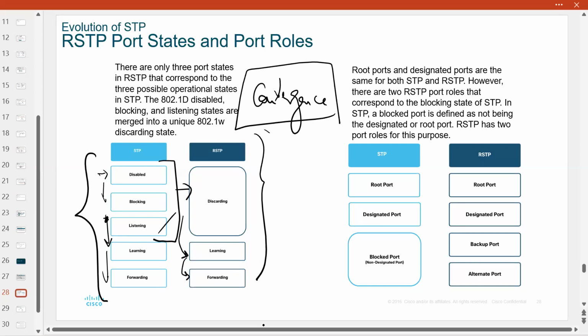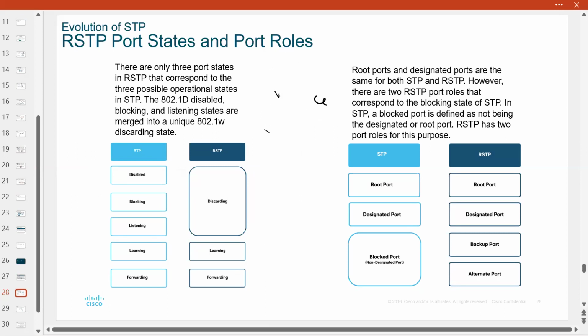There is no listening phase. Many seconds are spent in the listening port state, probably 5 seconds wasted with the port trying to listen for BPDUs, depending on the hello time. So this is the difference between STP and rapid STP, and mainly it is linked to convergence after a change in the network.